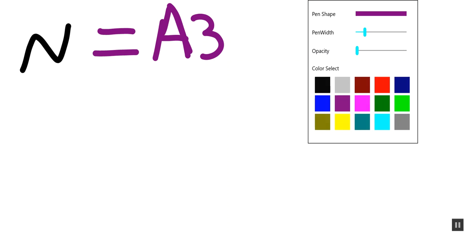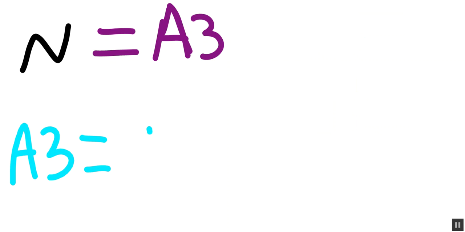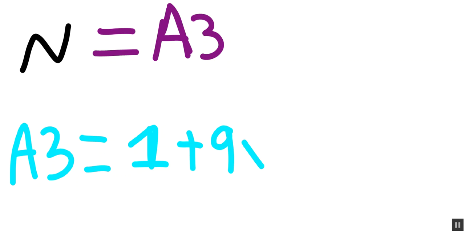That means I can write a3 is equal to 1 plus a multiple of 9. A multiple of 9 is just 9 times some number, and I'm going to represent that number as x. So x right now is not important. We are not trying to solve for x. We are trying to solve for a, because a is going to complete the two-digit number, and then we're going to be able to find n.